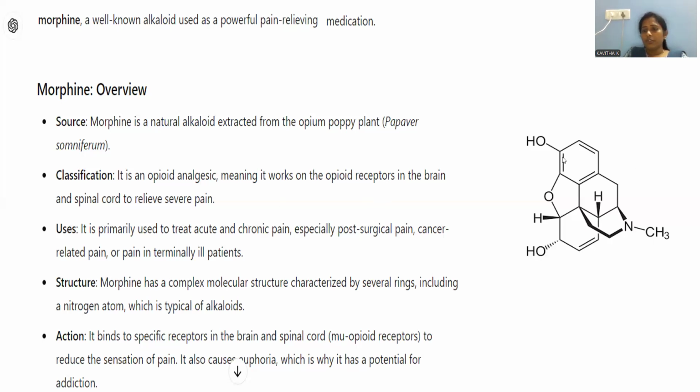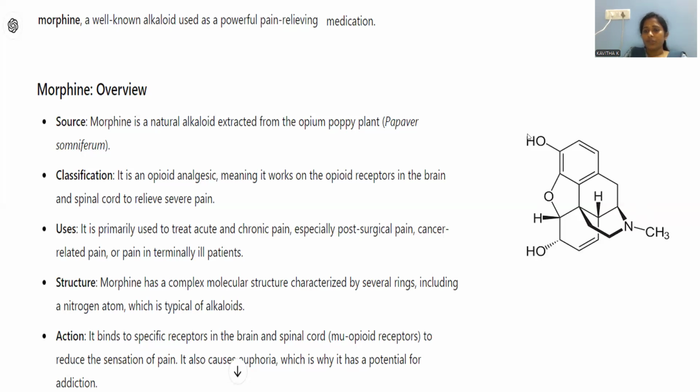If you observe the composition of morphine, it is a polycyclic system where a benzene ring is present, along with a saturated cyclohexane, and a heterocyclic ring with saturation. This is a saturated furan, and there is also a six-membered ring. This is the piperidine ring, meaning a six-membered saturated nitrogen ring, and it has a tertiary amine.